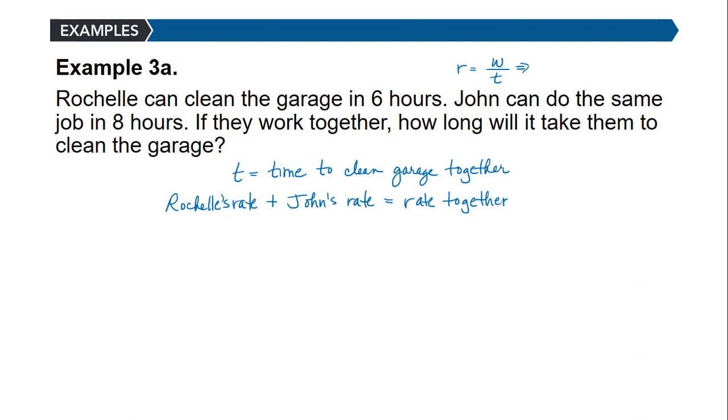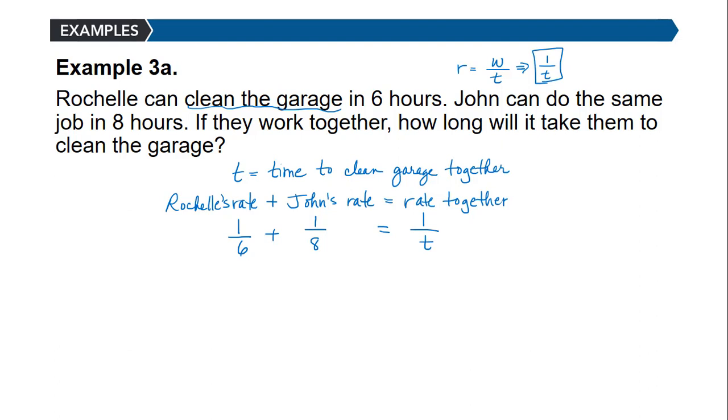And more specifically, we're going to have 1 divided by T. So cleaning the garage is the task, right? That's the job. But Rochelle can do it in 6 hours, so her rate is 1 divided by 6, plus John's rate, he can do the same job in 8 hours, so that's 1 divided by 8. And that's equal to their rate together, which would be 1 divided by T.